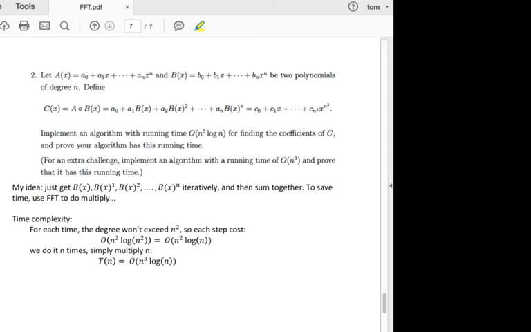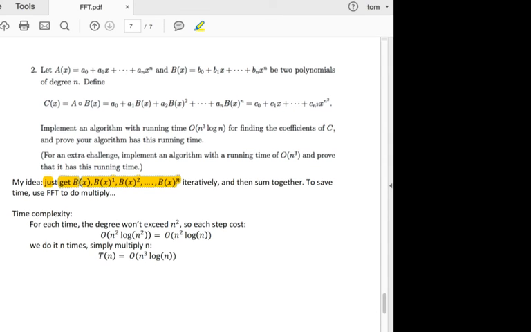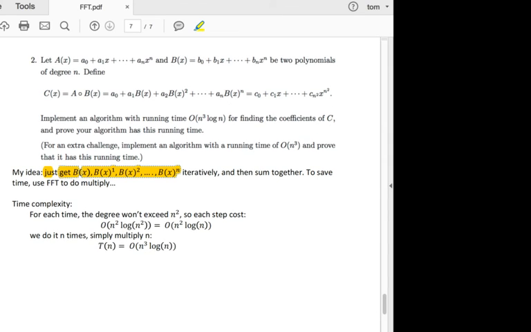My idea is very simple: calculate those powers of b(x), the power of 0, power of 1, power of 2, up to power of n. Just do it iteratively, and sum up the summation. And to save time, we can use FFT to do the multiplication.